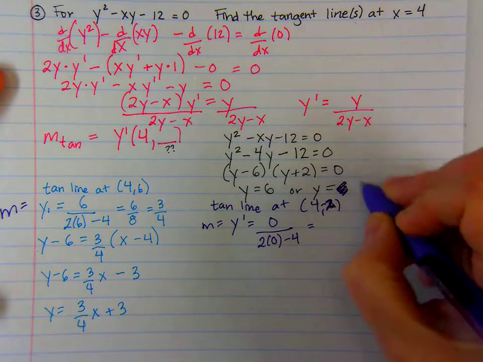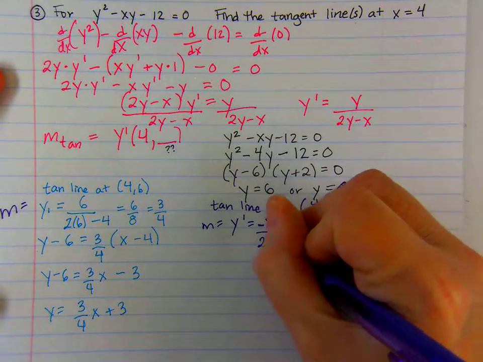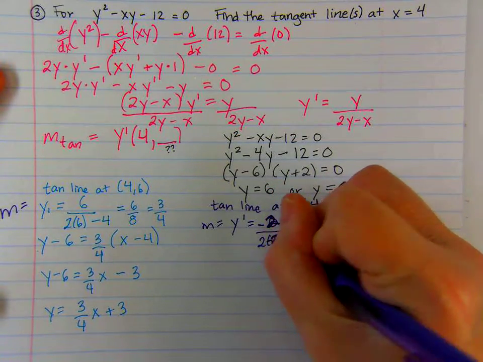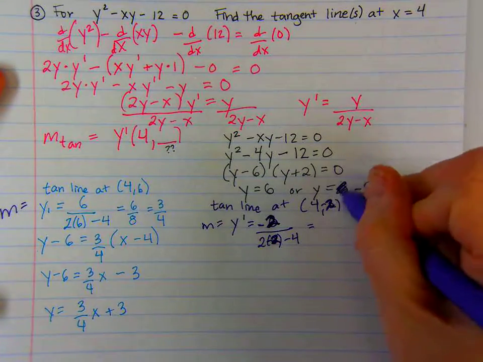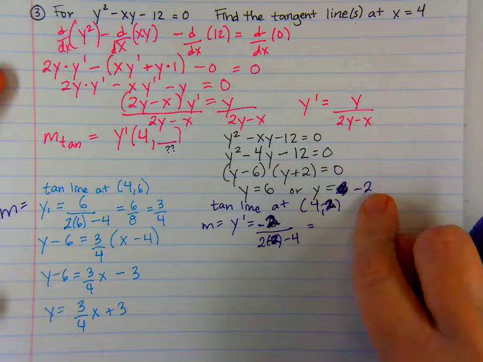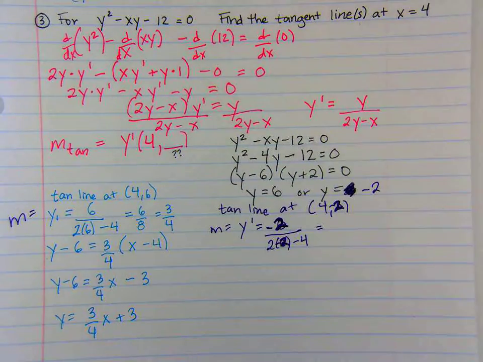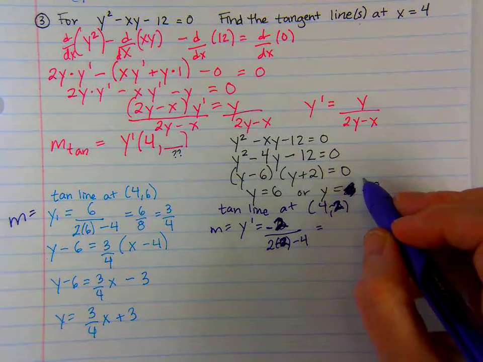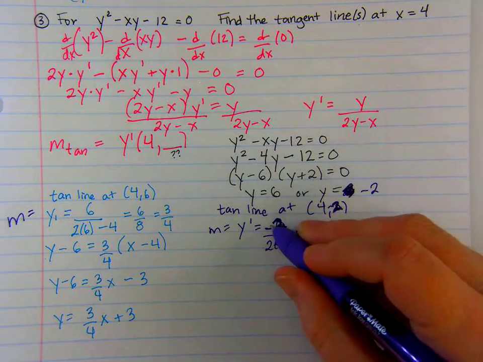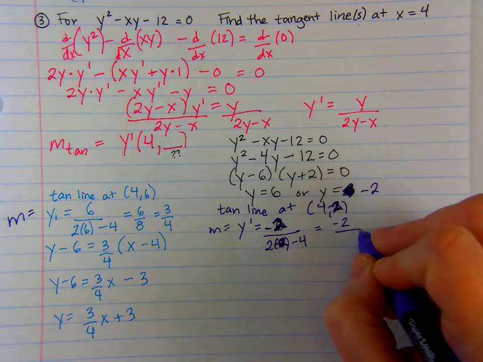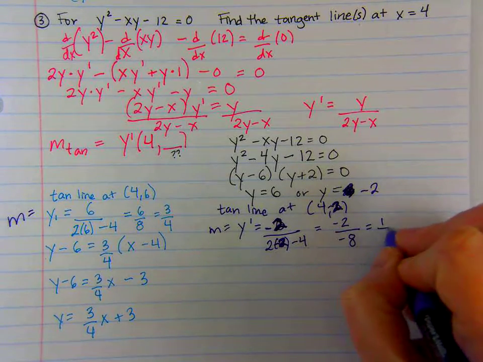I think when I thought I had messed it up, I just miswrote that. You ever have that cascade effect where you think you messed something up and then it makes you mess something else up? Well, there it was. It's probably talking and thinking at the same time and messed up. So, there you go, -2. I was looking at that, I'm like, that should not be 0 for that slope. -2 over -8, which is 1/4.